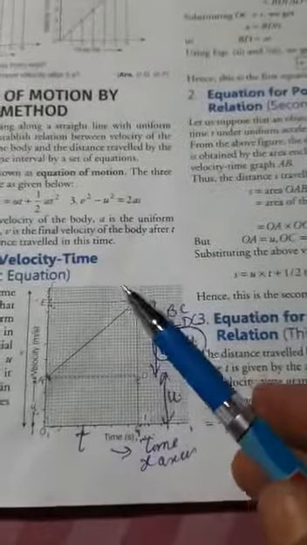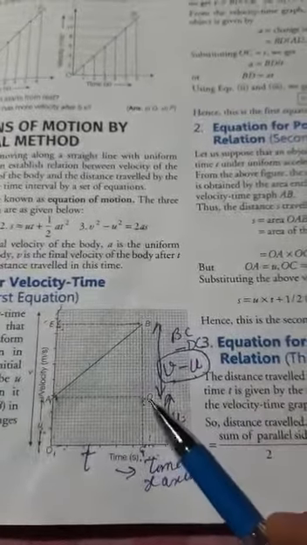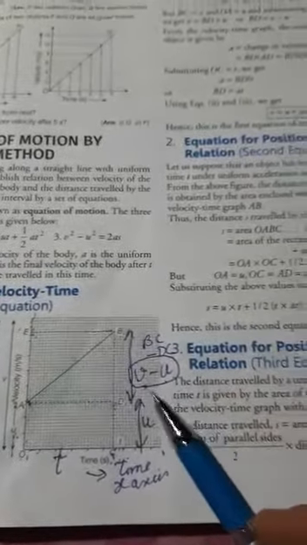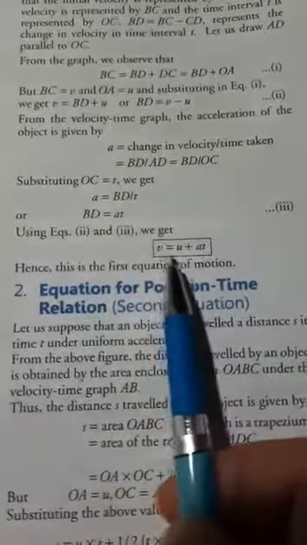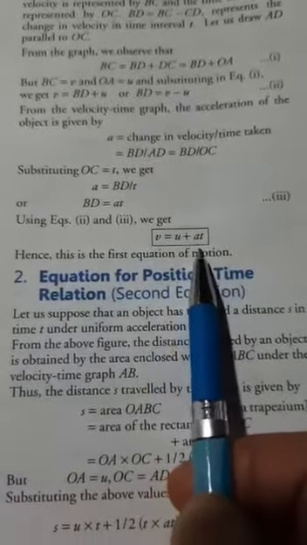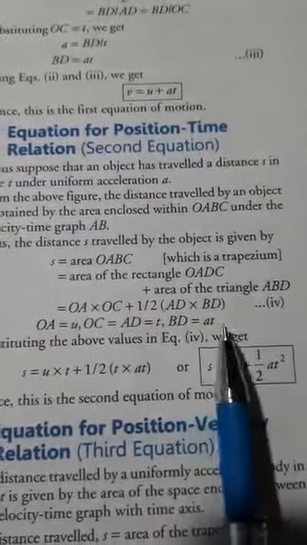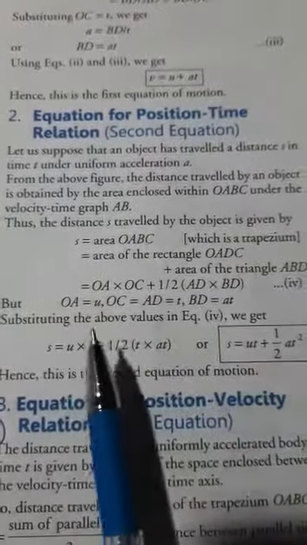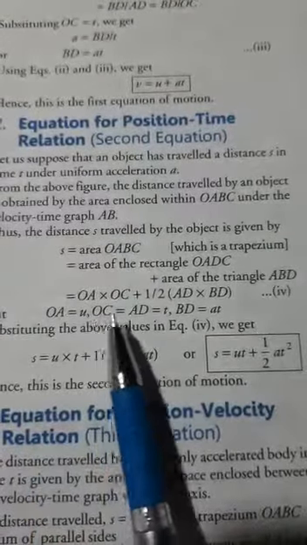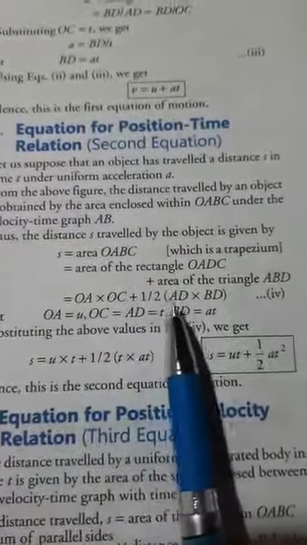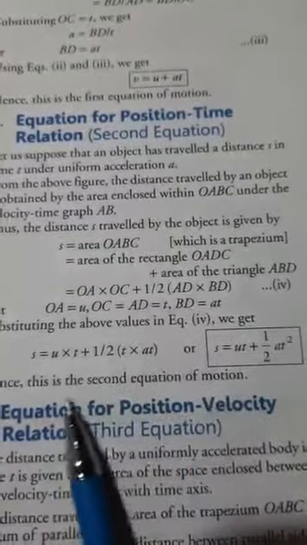In our first equation of motion, we have proved that v minus u is equal to at. Then instead of using v minus u, we can use at also. Now by substituting these values, we get s is equal to ut plus half a into t.